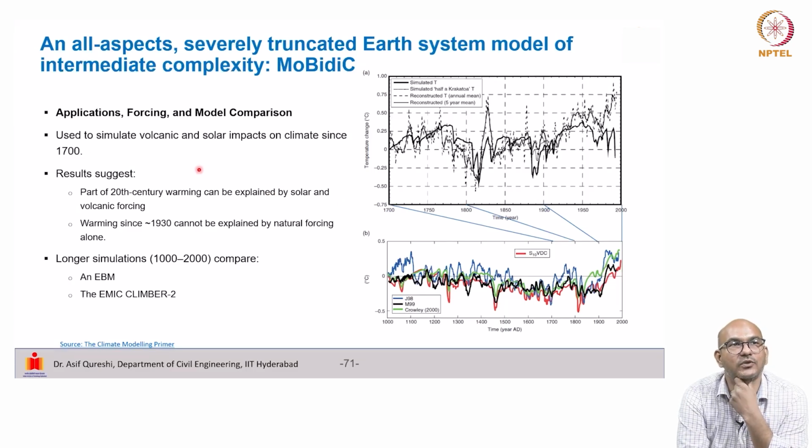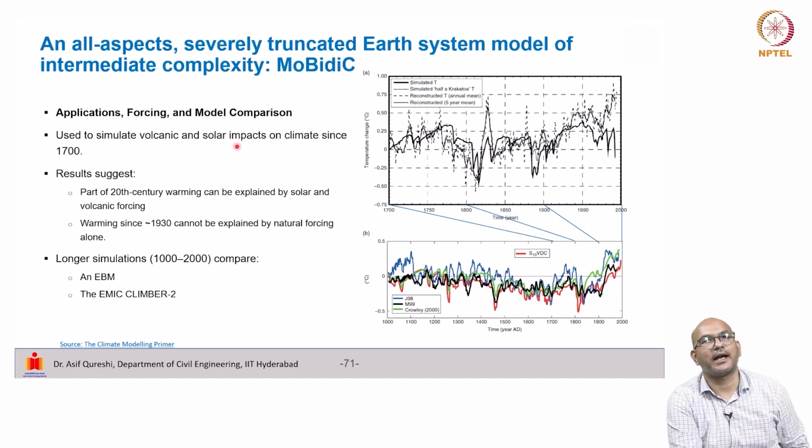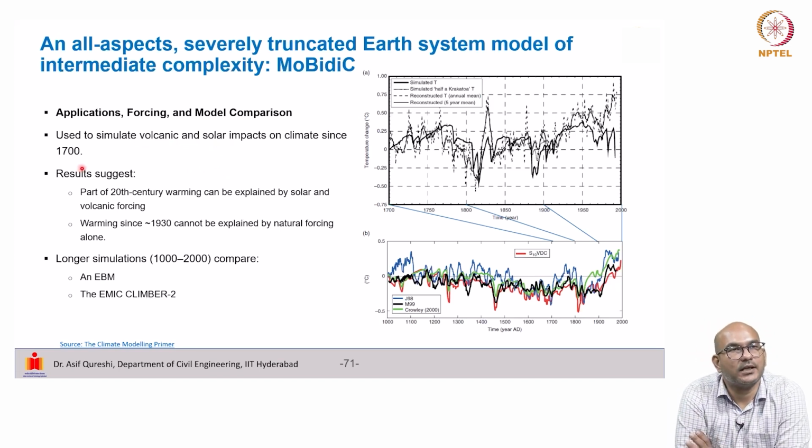When this model was used to simulate the volcanic and solar impacts on climate since the 1700s, the results suggest that part of 20th century warming can be explained by solar and volcanic forcing, but warming since 1930 cannot be explained by natural forcing. This is important because this basically shows the influence of anthropogenic emissions in enhancing the warming.